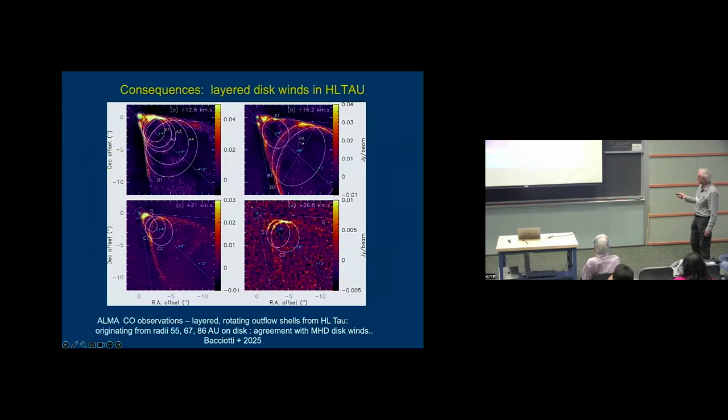Do we see that in the winds? Yes, we do. Bacciotti, 2025 this year, ALMA observations, layered outflows from HL Tau. Trace these layered shells of outflow back to the origin, and you're looking at 55, 67, 86 AU. That traces back to where the rings are.